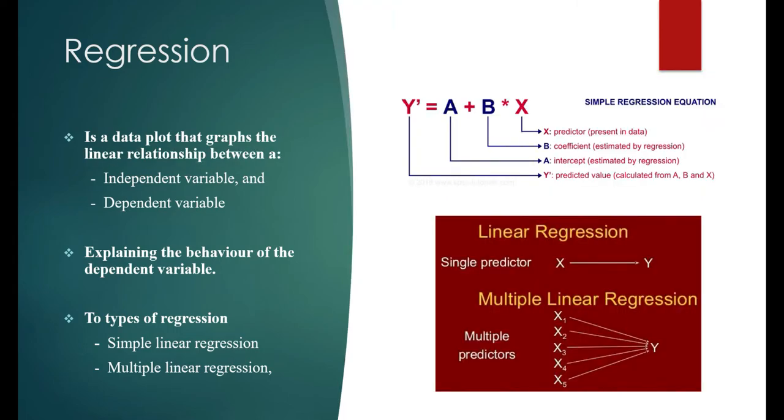Regression is a statistical method used in finance, investing, and other disciplines that attempts to determine the strength and character of the relationship between one dependent variable, usually denoted by y, and a series of other variables known as independent variables. Linear regression is a data plot that graphs the linear relationship between an independent and a dependent variable.